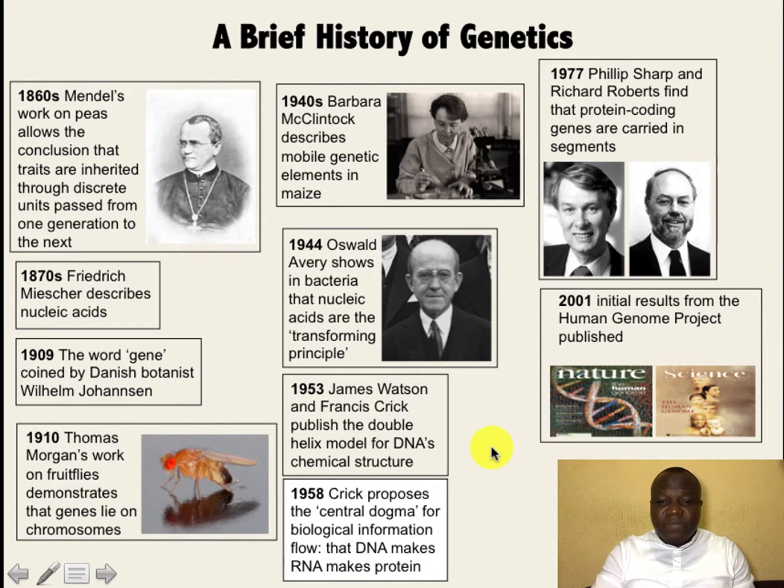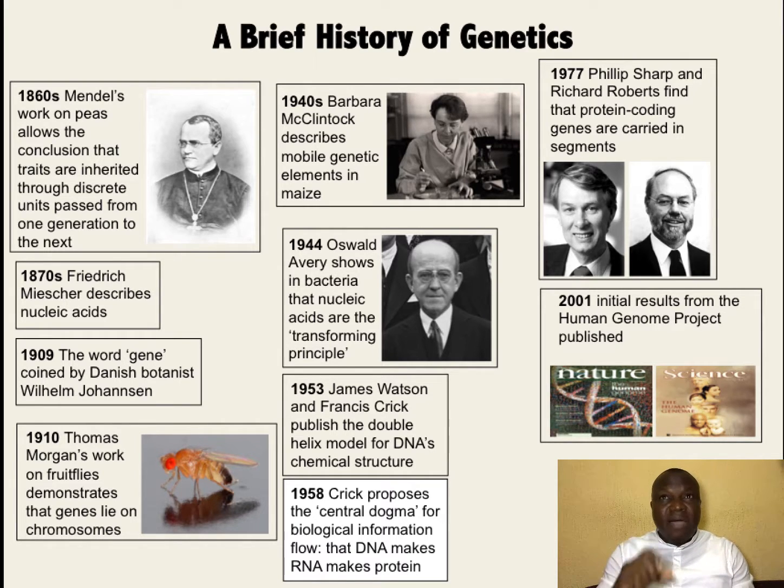In 1953, James Watson and Francis Crick determined the structure of the DNA molecule, which led directly to the knowledge of how it replicates. And in 1966, Marshall Nirenberg solved the genetic code, showing that three DNA bases code for one amino acid.